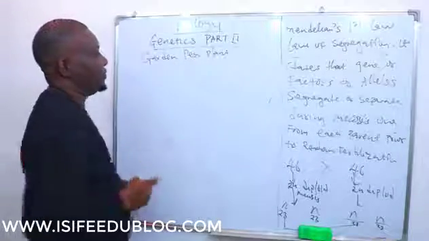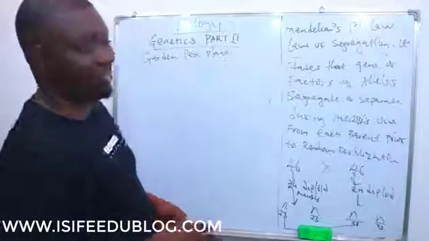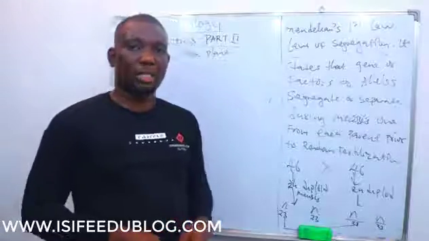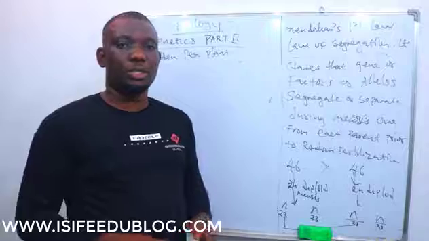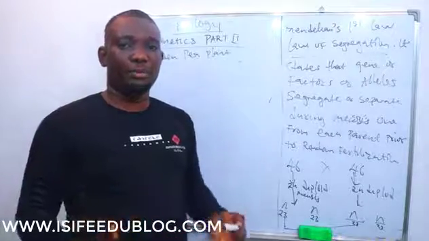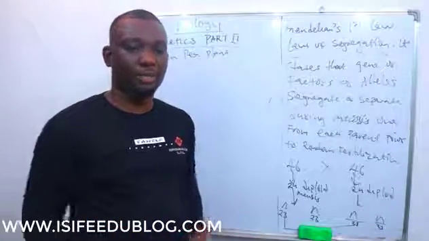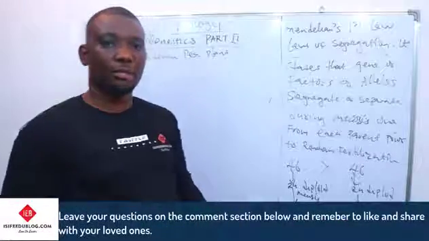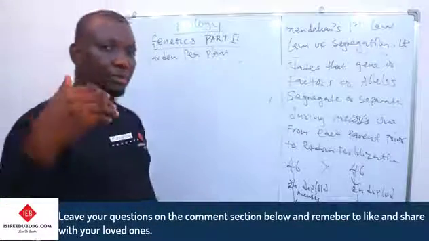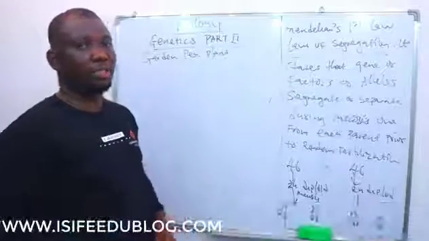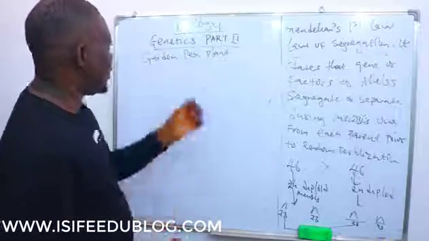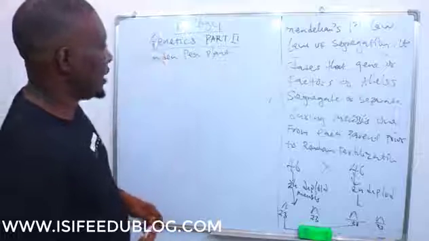And he had a reason for choosing the garden pea plant. He believed that this plant can reproduce very fast, and can obtain many generations in a short time. That was the reason for the choice of garden pea plant.